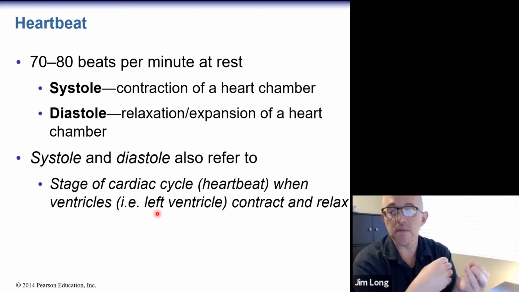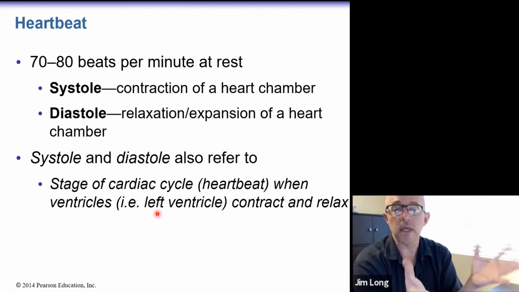And if we want to be specific, we can say ventricular systole and ventricular diastole. So during atrial systole, the atria are contracting. The ventricles are relaxed, so the ventricles are in diastole, and then the ventricles contract, and that's ventricular systole. Well, the atria are relaxed again, that's atrial diastole.